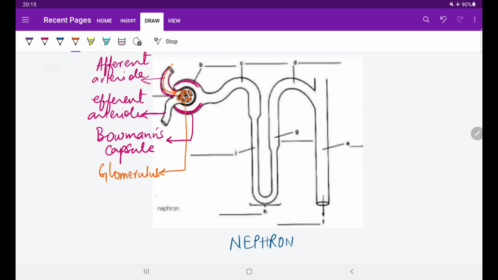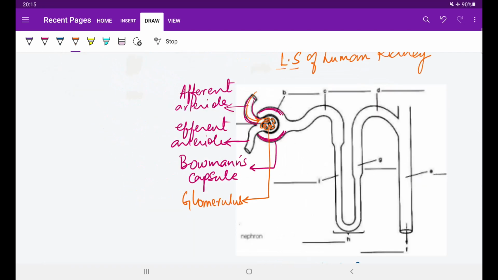One more thing to understand here is the nature of the blood received by the Bowman's capsule. The blood received by the Bowman's capsule is rich in wastes. And what kind of wastes are produced in the human body? They are primarily urea.